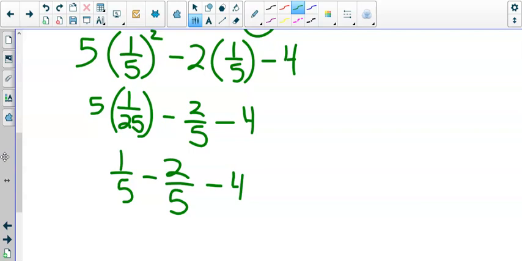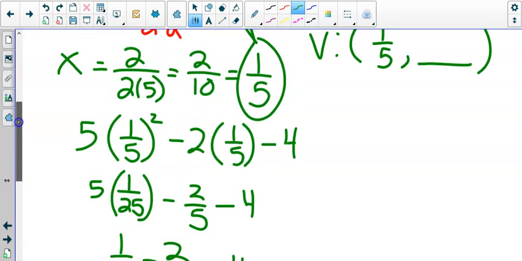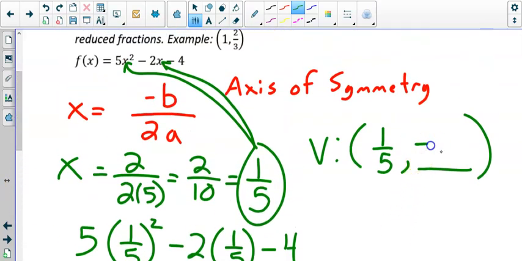Not mixed. We want it improper. Yeah, negative 21 over 5. There's your y value, and now you know your answer.